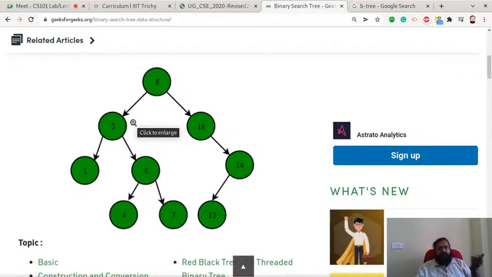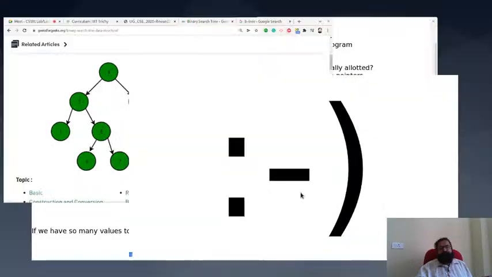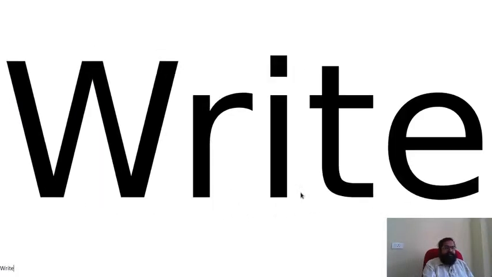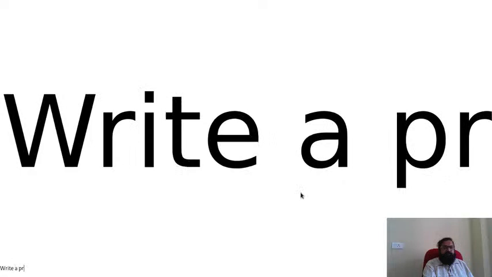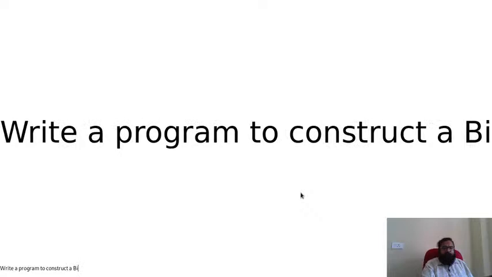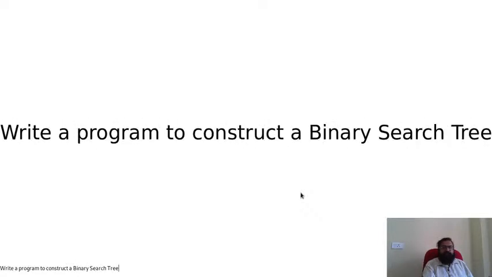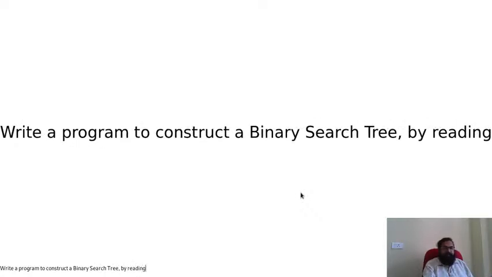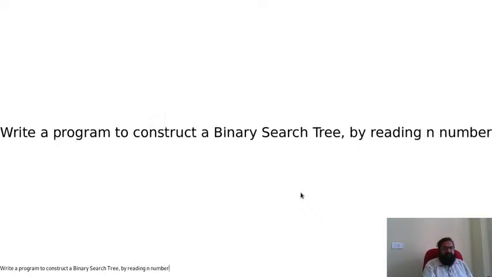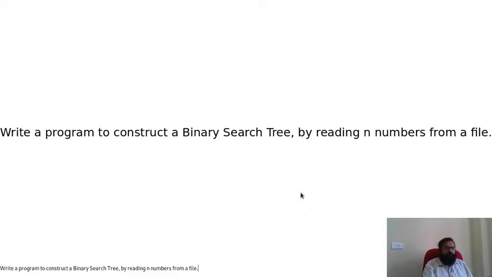What if I give you a question, let me write the question for you: write a program to construct a binary search tree by reading n numbers from a file, or from a stream.